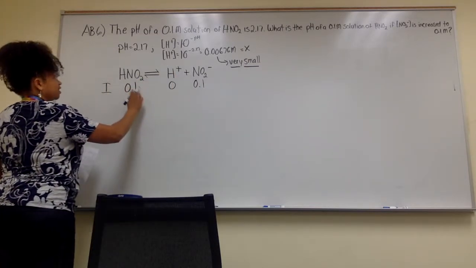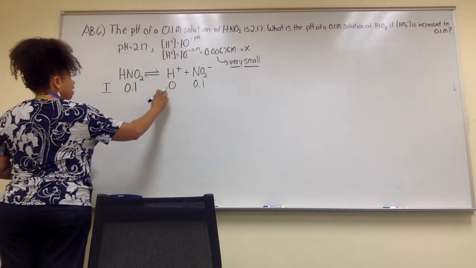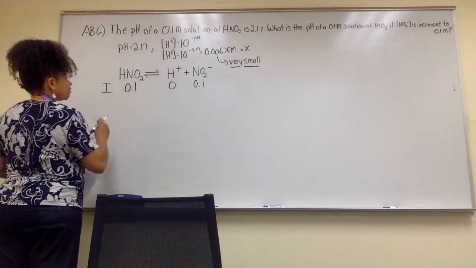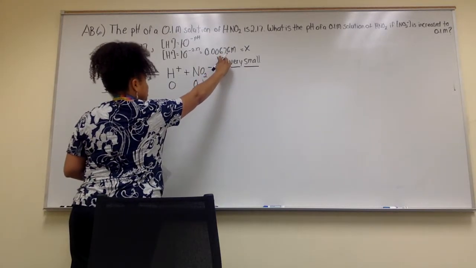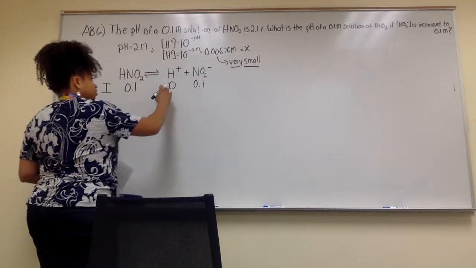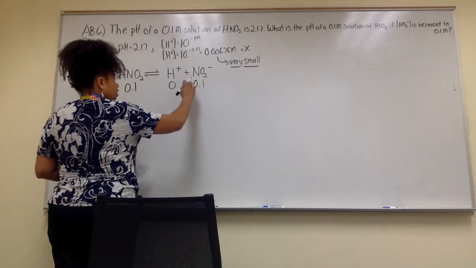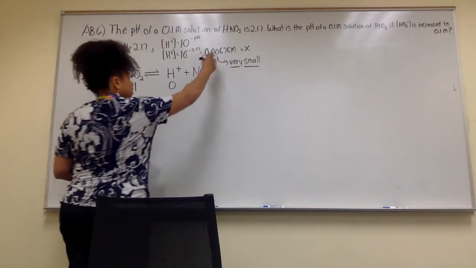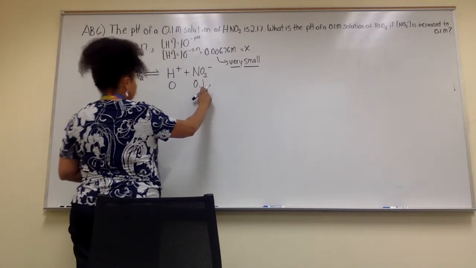We're given that the concentration is 0.1, the dissociation for the pH to be equal to 2.17 gives an X value of 0.00676, very small, assuming that to be 0. So then for NO2, that would be equal to 0.1 plus X, but like we said, X is very, very small, so we're assuming it to be just 0.1.